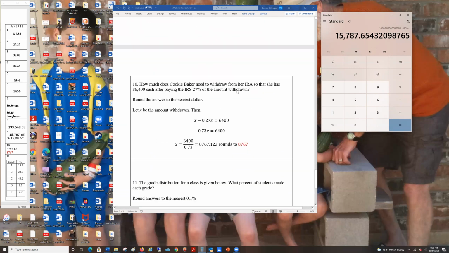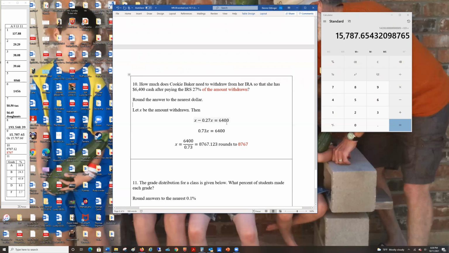Okay, so Cookie wants to take some money out of her IRA to have $6,400 cash after the government gets 27% of the amount withdrawn. This is key. The government does not get 27% of 6,400, because that's not going to leave enough money for her to have 6,400, because when you take 27% of the amount withdrawn, which we don't know, let's call it X. So the amount withdrawn, take away 0.27 times that.